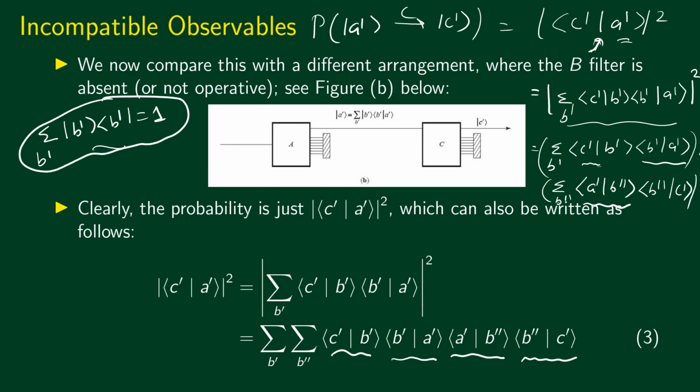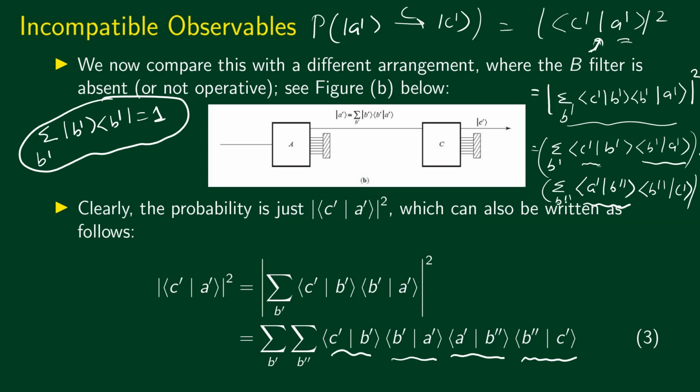So the interpretation of this thing is that we are still assuming that you can start with ket A prime and it goes to all possible B primes, all right? It goes through all possible routes before reaching ket C prime, all right? But I don't make a measurement in between. That's the only difference here from the first arrangement. In the first arrangement, I am making a B measurement in between. Here, I am not making a B measurement, right?